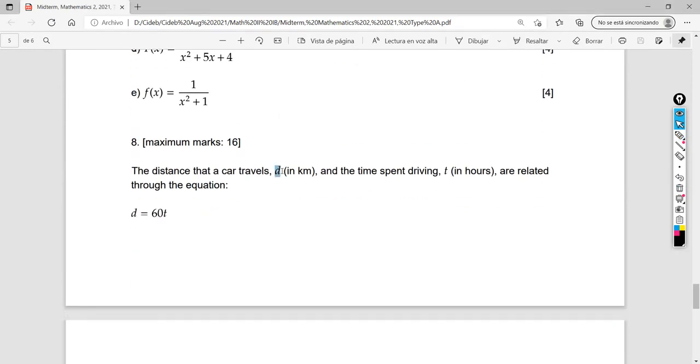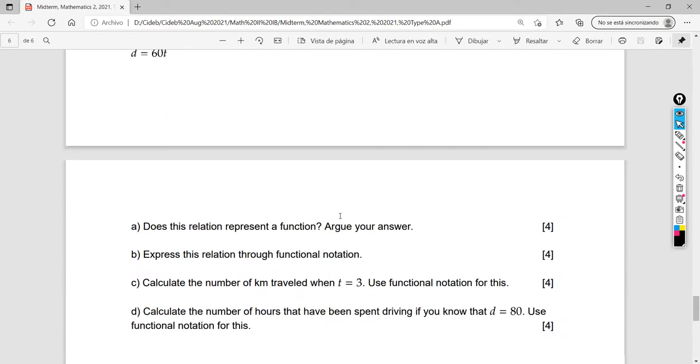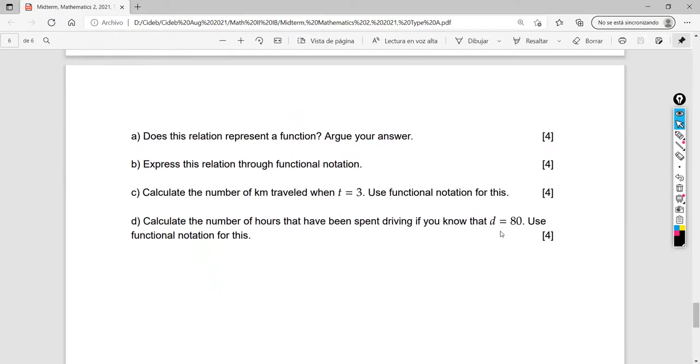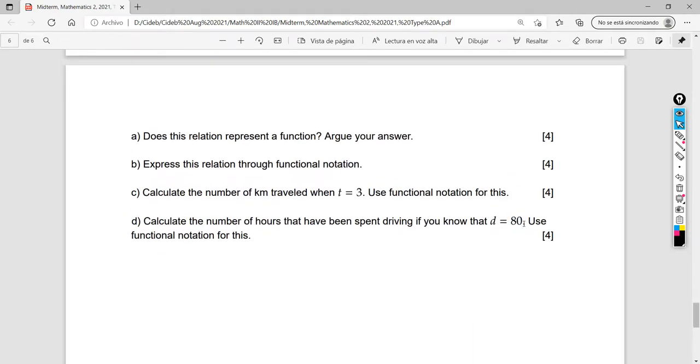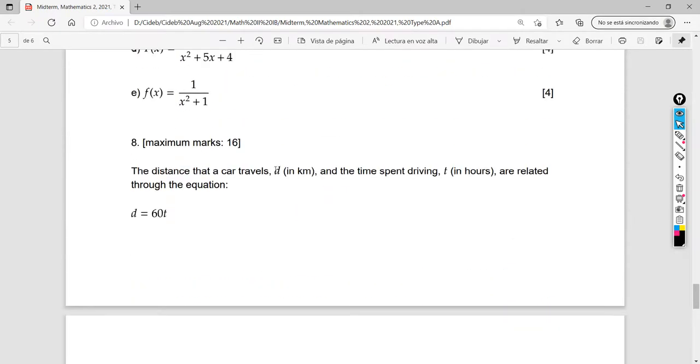I told you the values of D are given in kilometers, and by doing this, I don't have to keep reminding my reader that this number represents kilometers. I already did it once. If I put kilometers here, that's cool, but I don't have to, because I already did this and this.